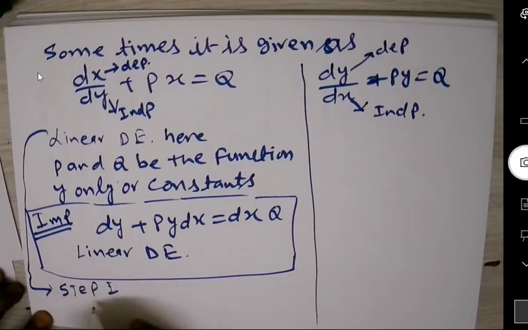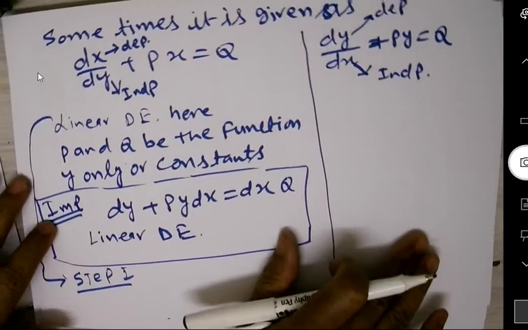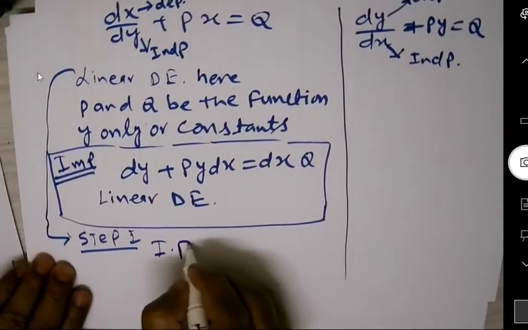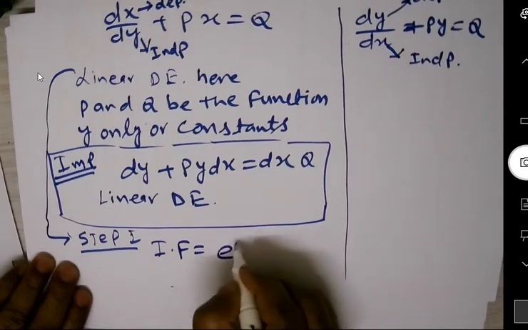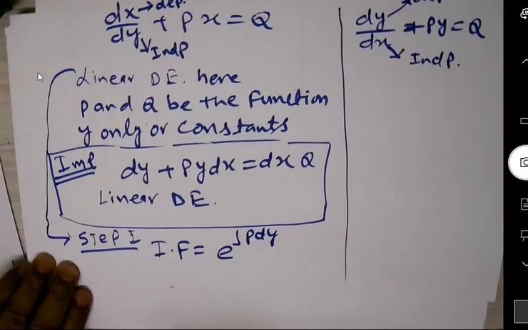Step number one is write the integrating factor. Integrating factor is e raised to the power integral of p dy, because the independent variable here is y.